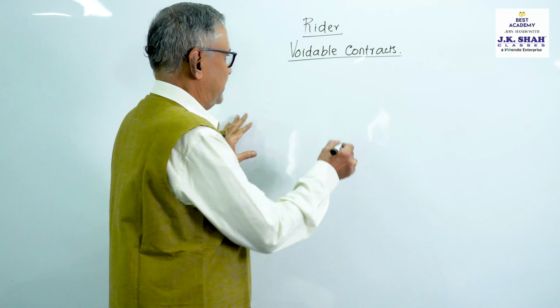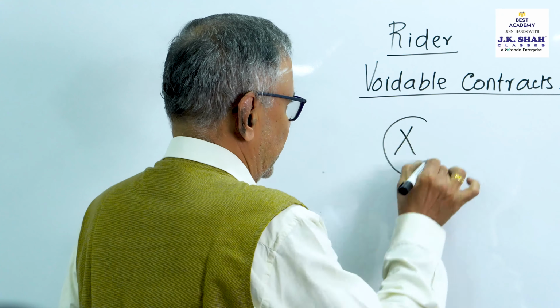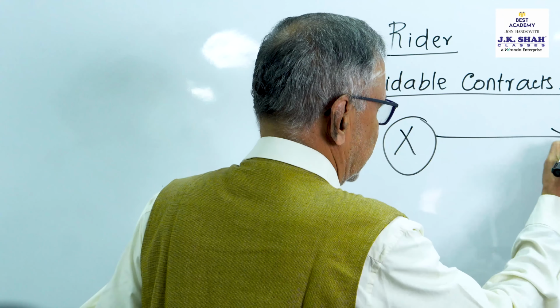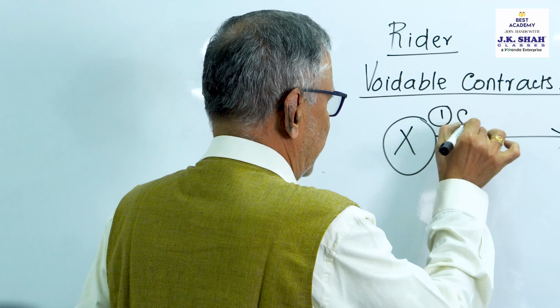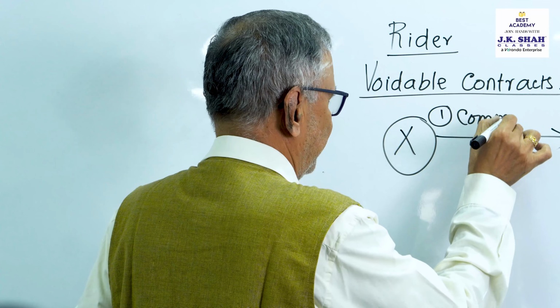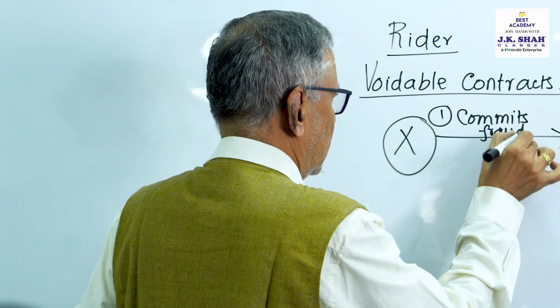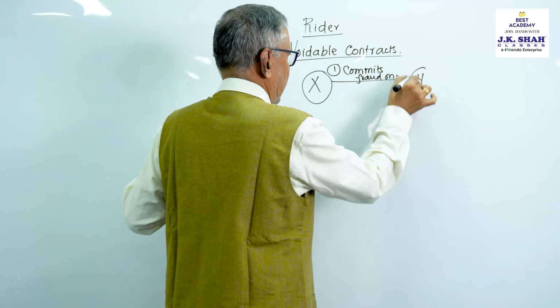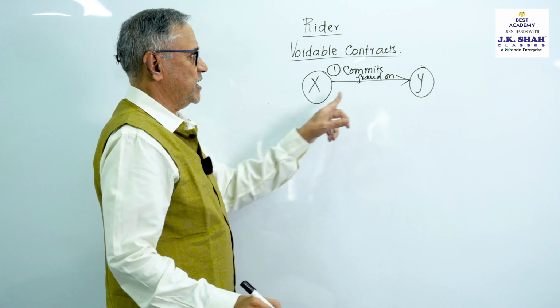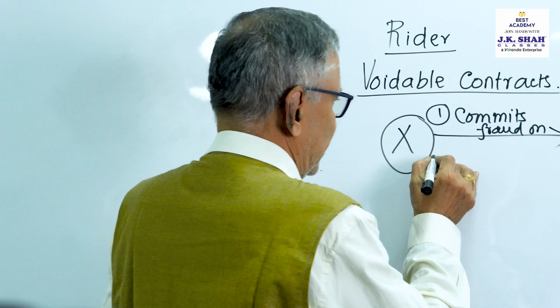Let us analyze it. X, an individual, in the first step, commits fraud on Y, and induces him to supply goods to him.